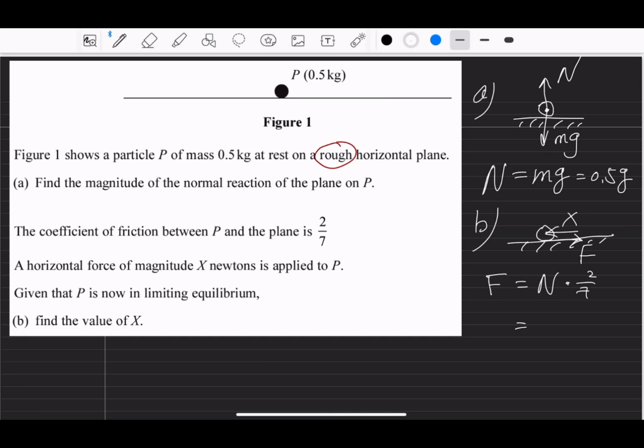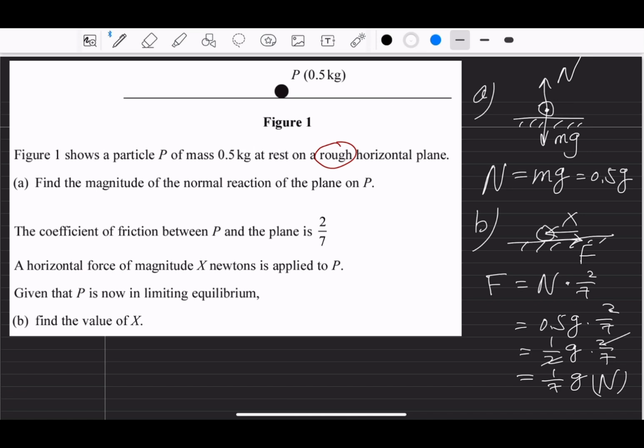So we know the normal reaction is 0.5g, times 2/7. Half g times 2/7 means the friction force is 1/7 g newtons.